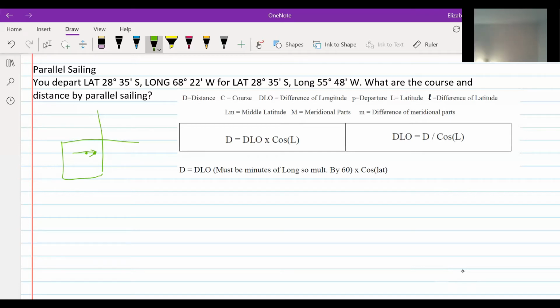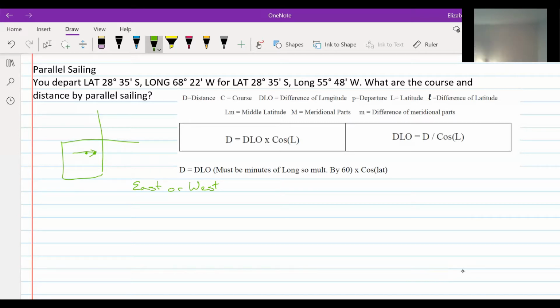So we have already answered what is the course by parallel sailing, because the course for parallel sailings can only be either east or west, because our latitude does not change no matter what for parallel sailings. And this only applies for parallel sailings.